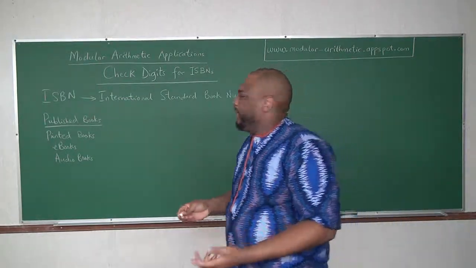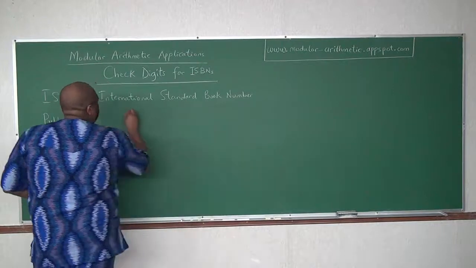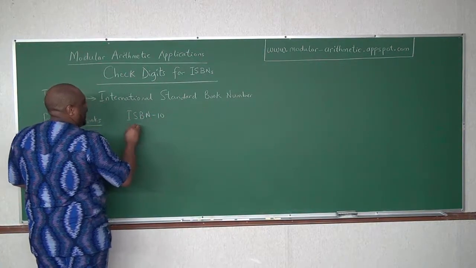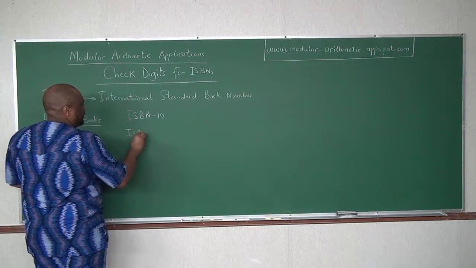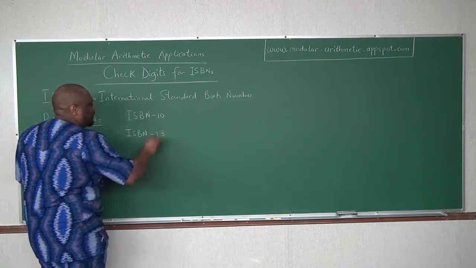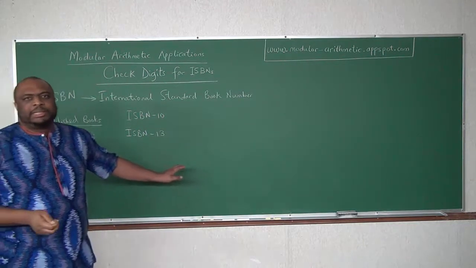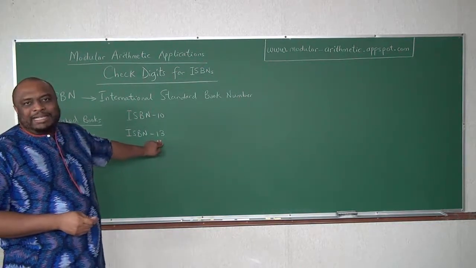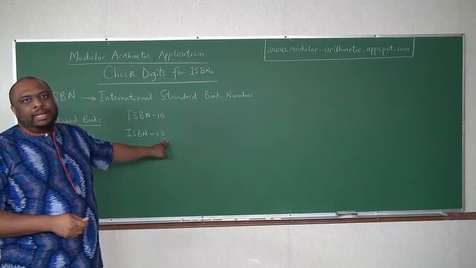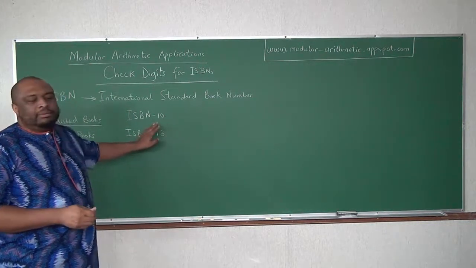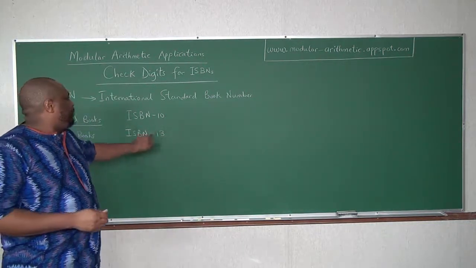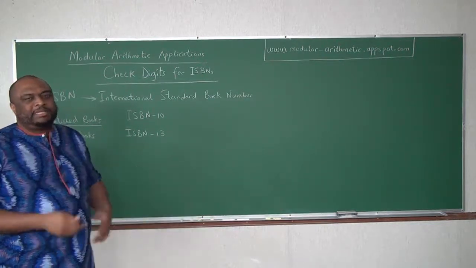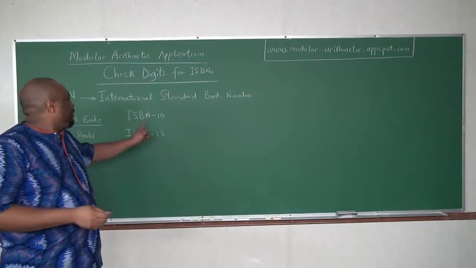So you might see ISBN-10 and the ISBN-13. For the new books, you might see only ISBN-13. Some new books also, you see both. Some textbooks, printed books, ebooks, you see both.